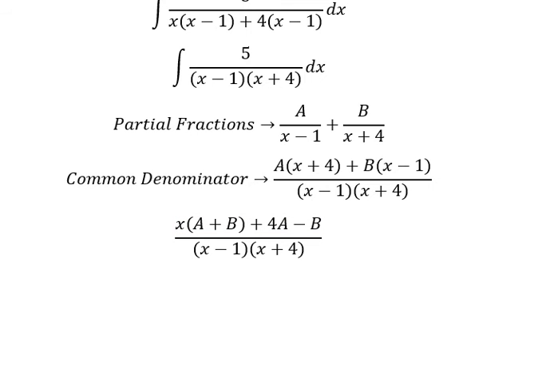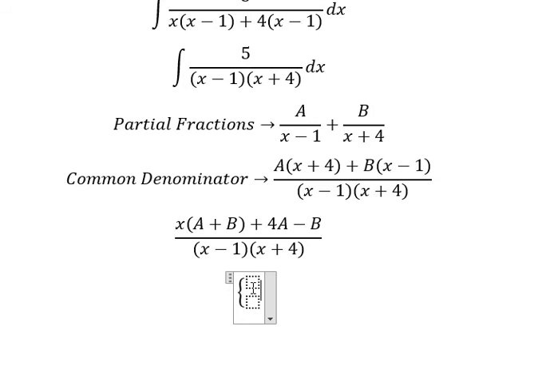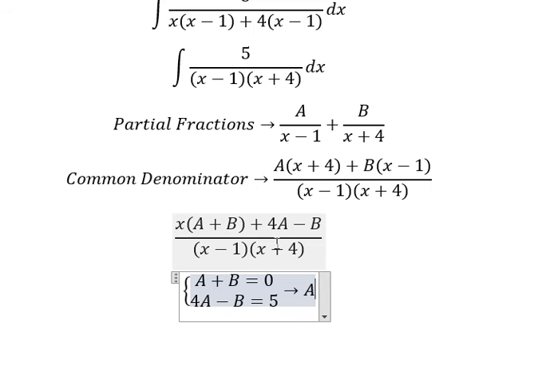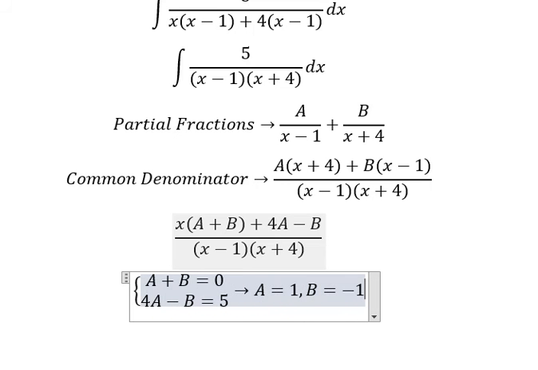And now we create the system of equations. And now we can find the solution of A and B. So you get A equals number 1, B equals negative number 1.